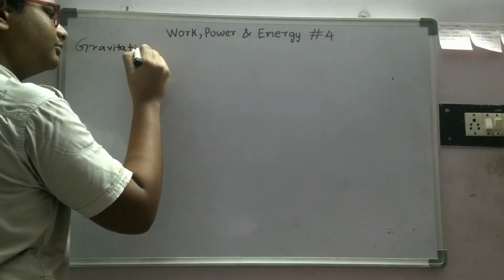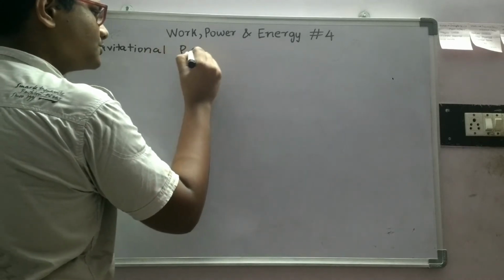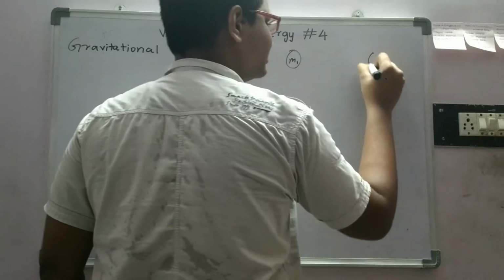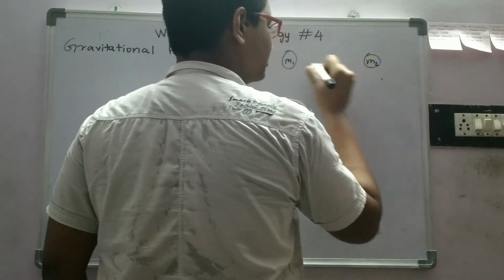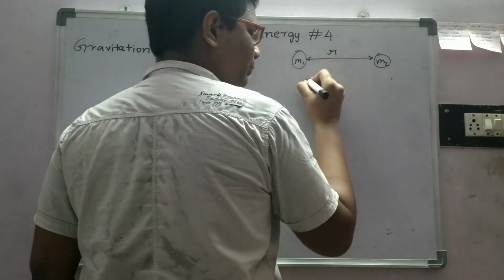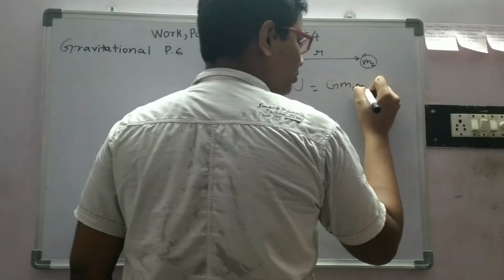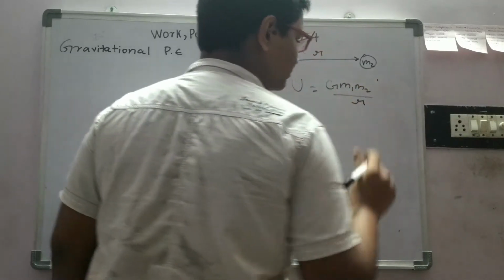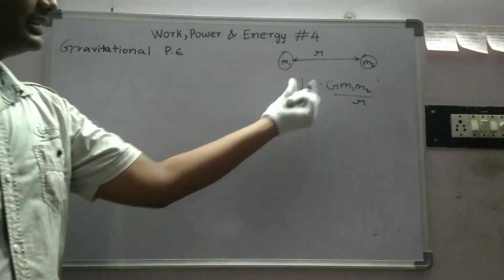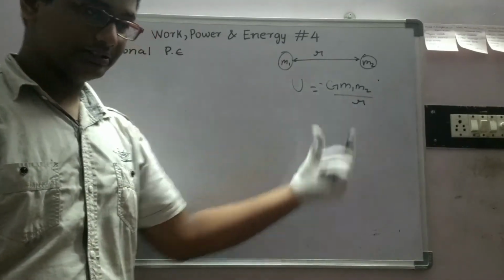Now, if a body, look at, this is M1 and this is M2, separated by distance r, then potential energy is G M1 M2 by R. This is magnitude. It is defined for at least two bodies, right? This is the potential energy.